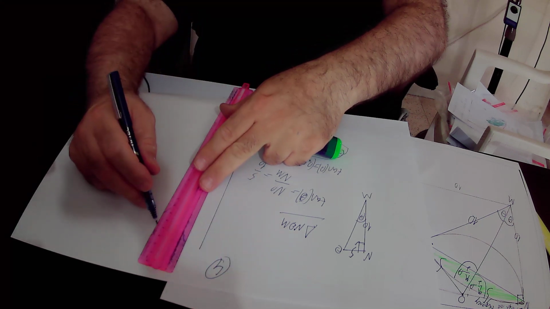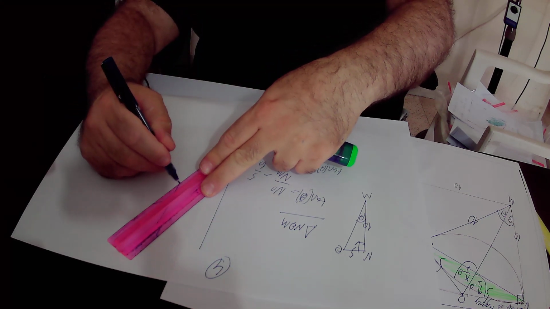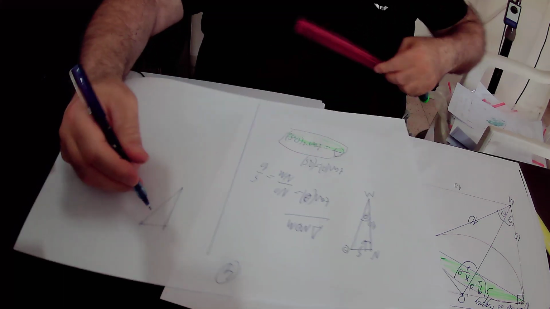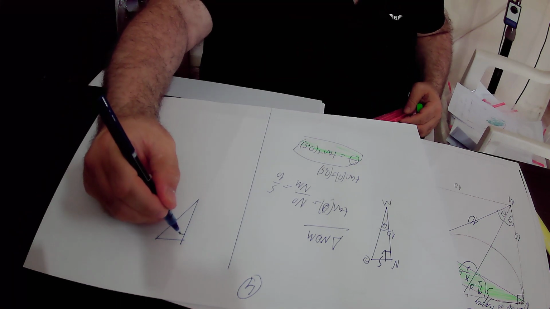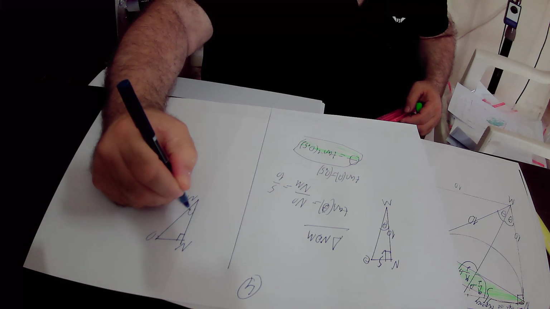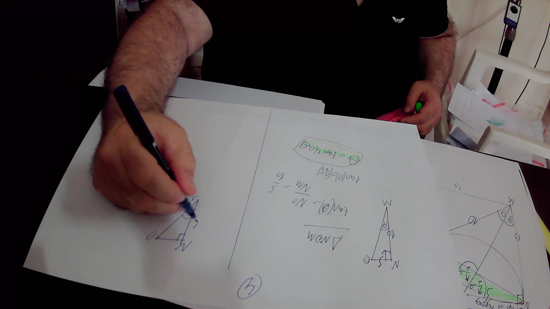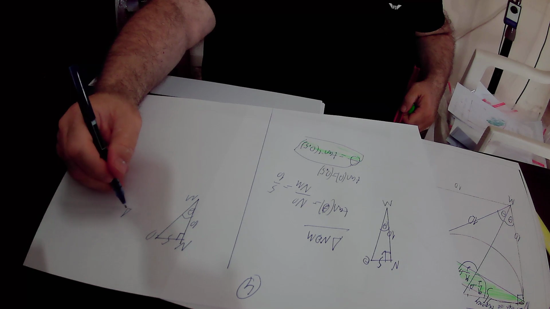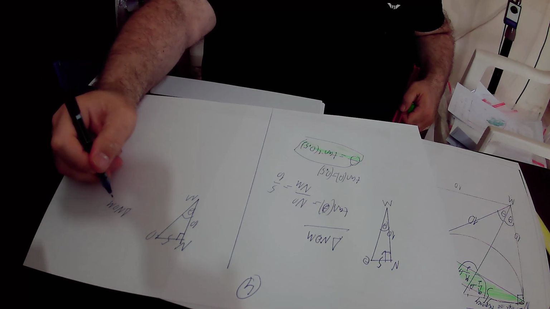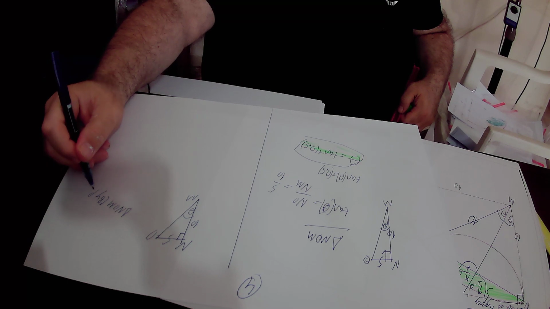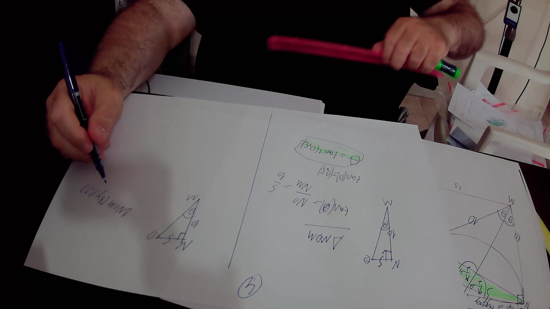So I'll copy the right triangle again here, the right triangle NOM. We'll find the length of the hypotenuse MO by applying the Pythagoras theorem on the right triangle NOM.